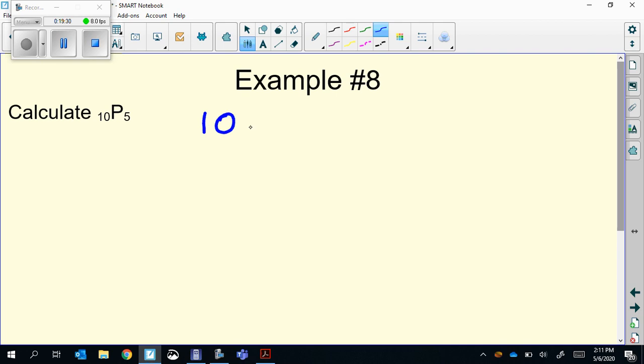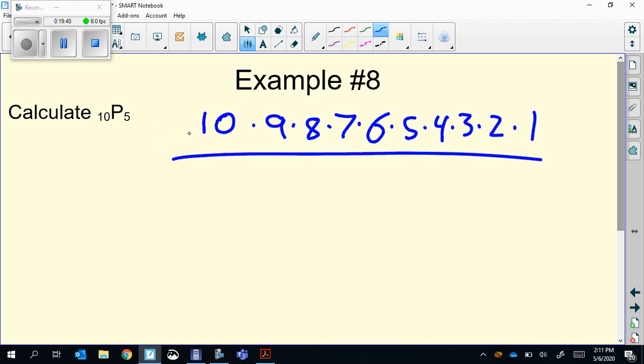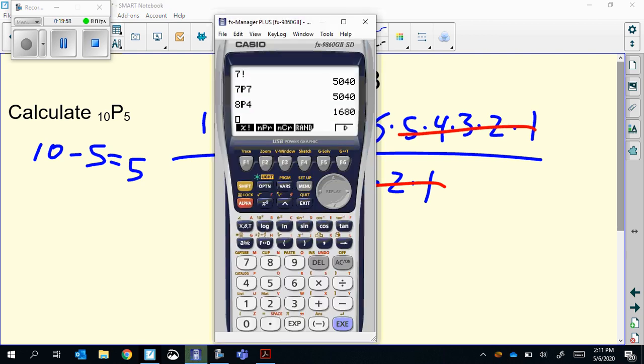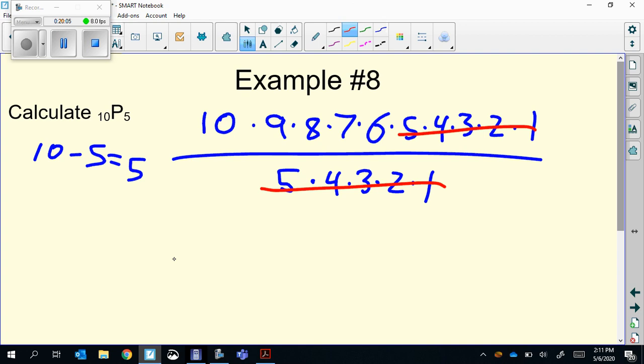But 10P5 means we would go 10 times 9 times 8 times 7 times 6 times 5 times 4 times 3 times 2 times 1 over the denominator. We do 10 minus 5 is 5. Then you go 5 times 4 times 3 times 2 times 1. And then 5, 4, 3, 2, 1 cancels 5, 4, 3, 2, 1. Or you can just type it into your calculator. 10P5 is 30,240.